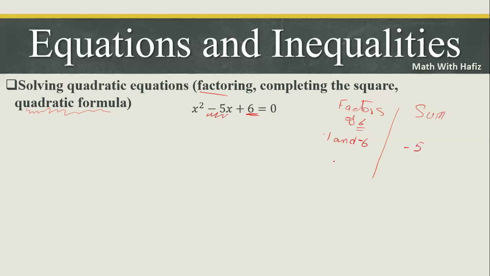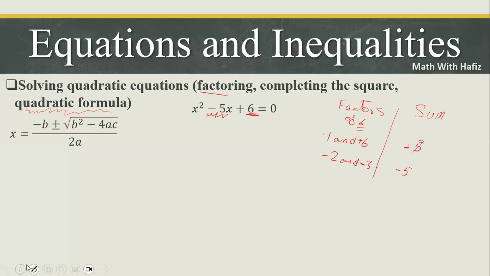All right. You have -2 and -3. When you multiply them, you will get positive 6. When you add them, it will be -5.